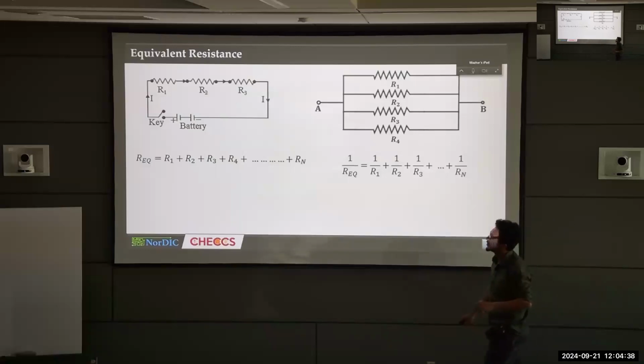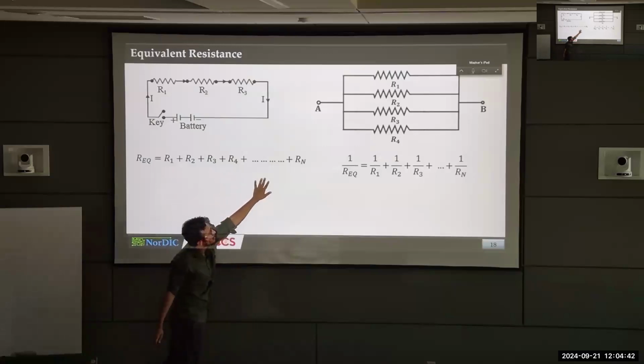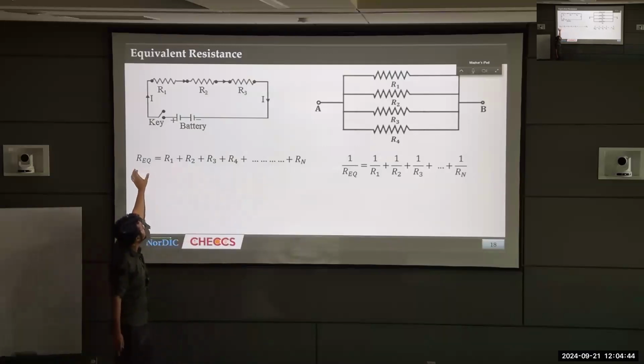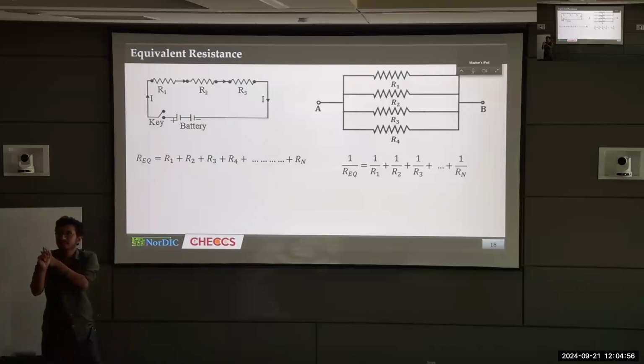As Dr. Fatih has already said, just add those up and you will find an equivalent resistance. So you take all three resistances and replace all of them by only one resistance.